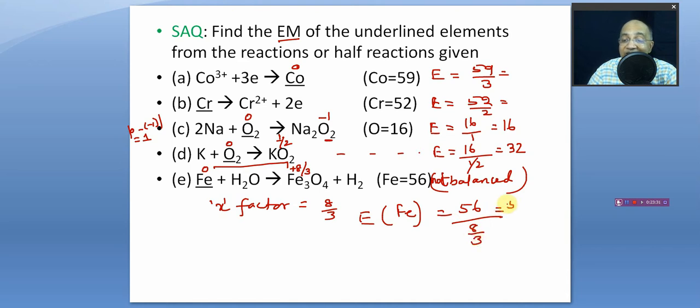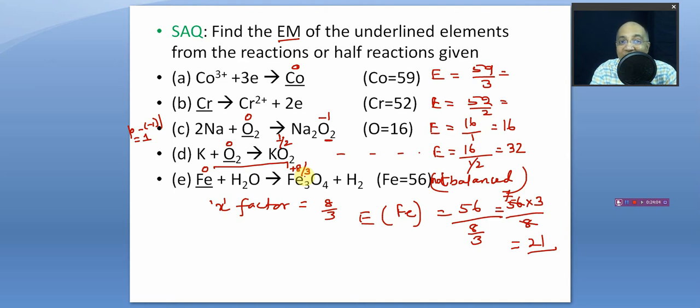It's very interesting. 56 into 3 by 8. 8 sevens are 56, 7 threes are 21. So here it is 21, while in the other case it was 18. You remember when it was going only to +2, and when it was going only to +3, the equivalent mass was 18.67, and when it is going to an average oxidation state of +8/3, its equivalent mass is 21.